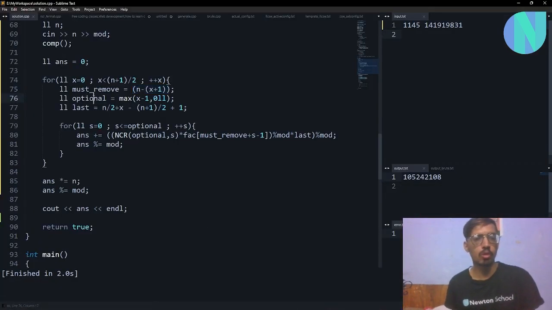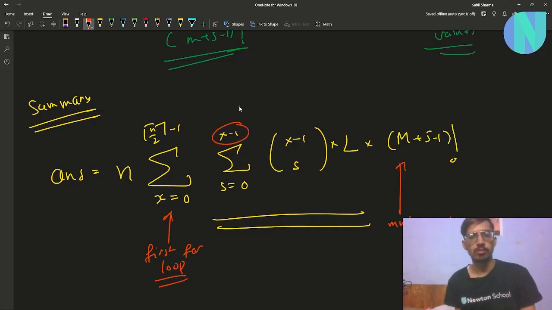Then I'm computing value of optional. Optional is max of x minus 1 comma 0, right? Because your x minus 1 can sometimes get negative, so you also have to keep care of that. So we use maximum of x minus 1 comma 0. So here's the optional value that we have. So this is just equal to maximum of x minus 1 comma 0, right?